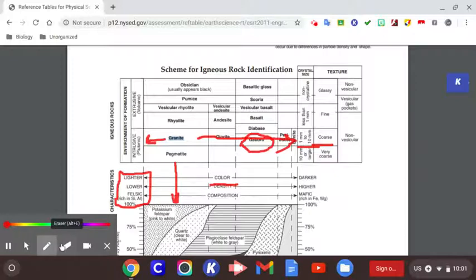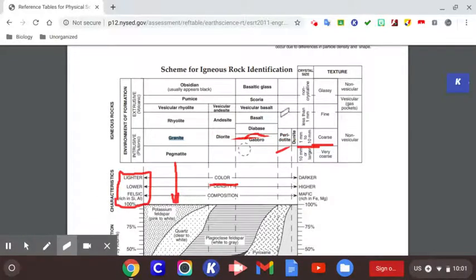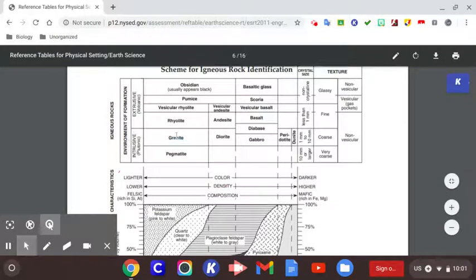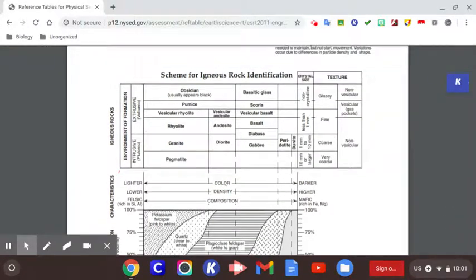All right, question number 4. So now we're looking at a rock that is black, but that's located on the left side of the table. So which rock usually appears black in color, but is located in the same column as the light color rocks?